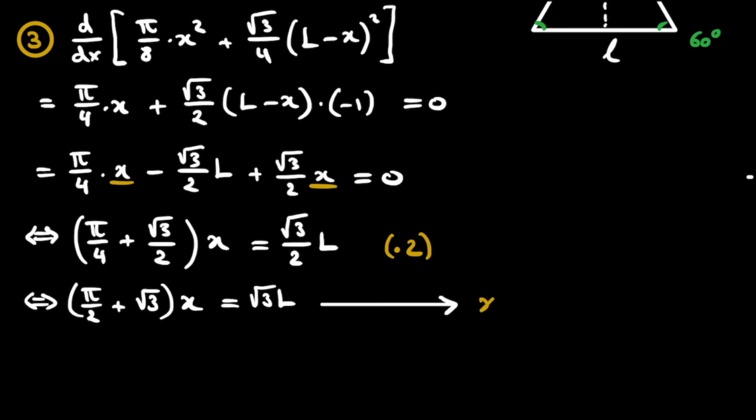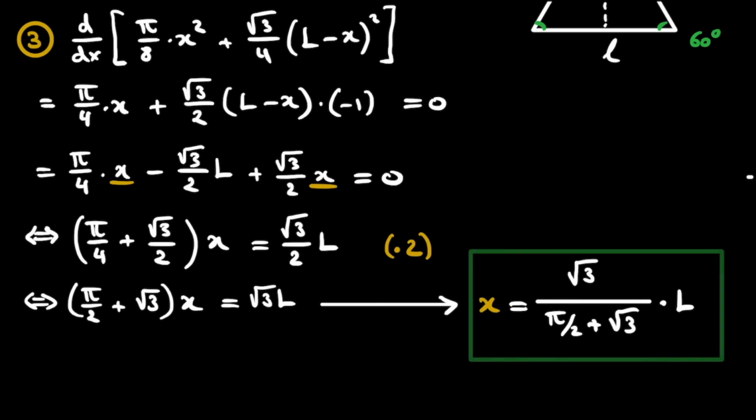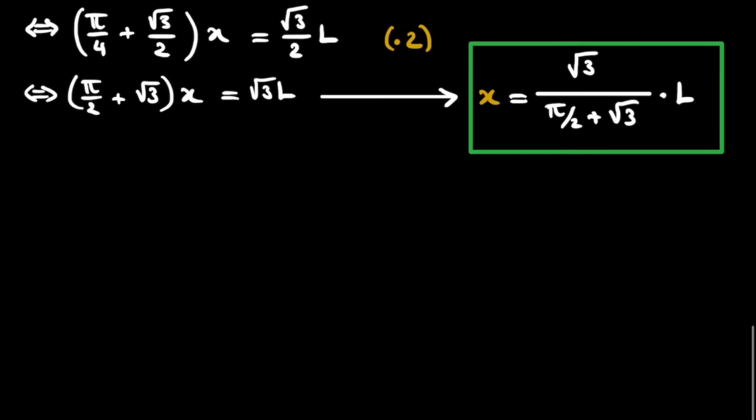We have that the x for which our function is minimal, so the surface of our two figures, is equal to the square root of 3 divided by pi divided by 2 plus the square root of 3 multiplied by L. And to get an idea what this actually means, we can simply calculate this term in front of the L, which is the total length between A and B, and we get that x is approximately equal to 0.52 times L.